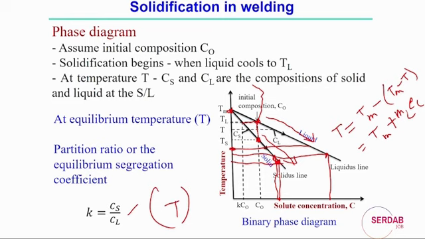So T at any point is Tm plus the negative slope times the amount of liquid content at that specific point.